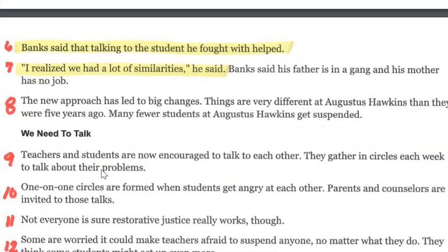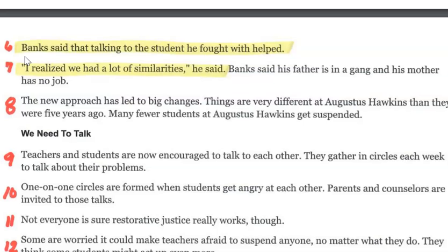And I actually pre-highlighted the evidence that I thought would work really well to support my reasoning, and that would be lines 6 and 7. In line 6, it says, Banks said that talking to the student he fought with helped. And line 7 says, I realized we had a lot of similarities.